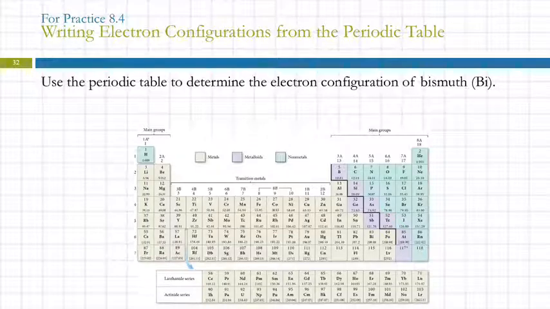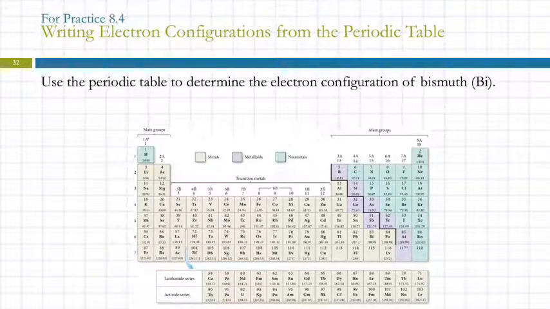You won't have to decide whether to use the noble gas configuration or the full one, because it'll be one or the other. I'm not going to try to trick you on that. On a worksheet, it might specify the full electron configuration or the noble gas configuration, and there you do need to pay attention. We're going to do both of them for this. Okay, so we have to find bismuth on the periodic table.